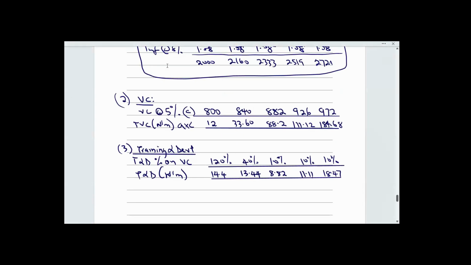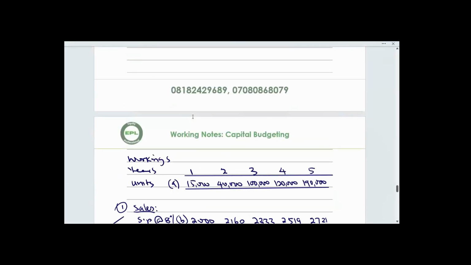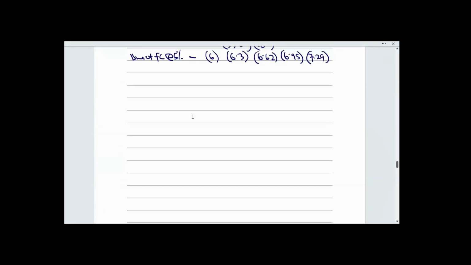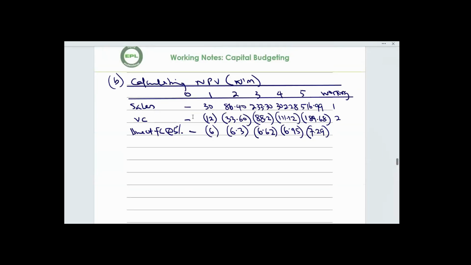So I will then post 14.4, 13.44 for training and development. 14.4 is a cash outflow. 13.44.